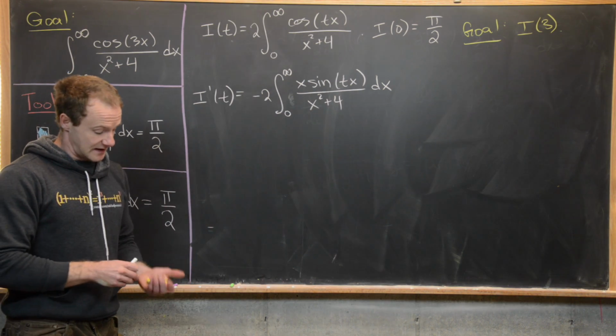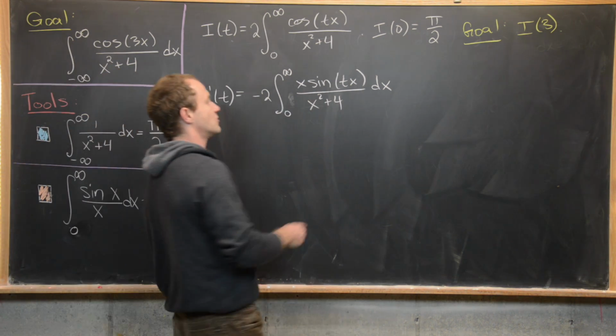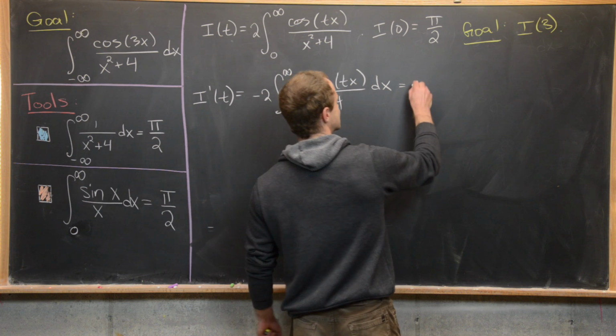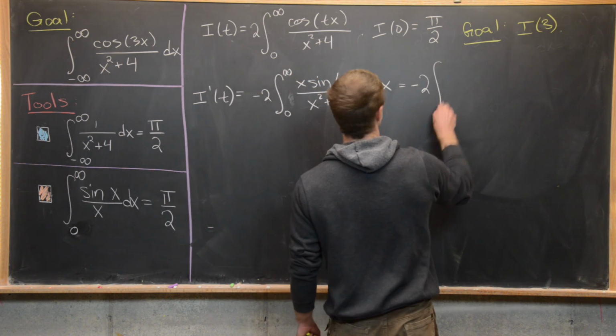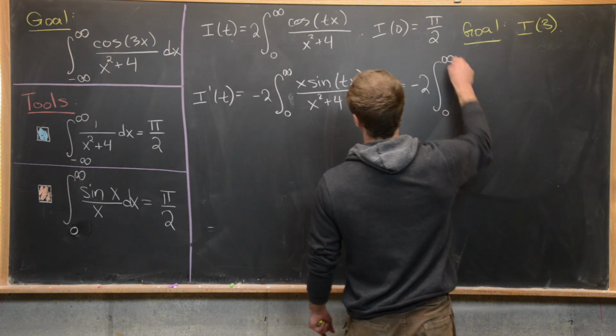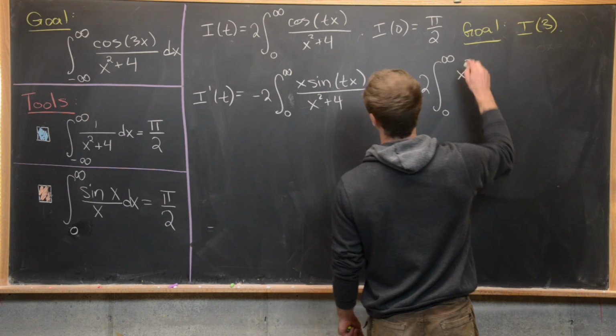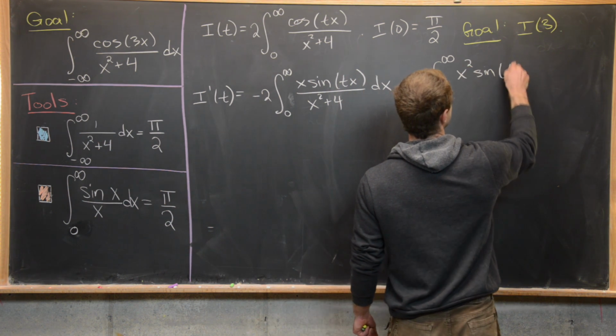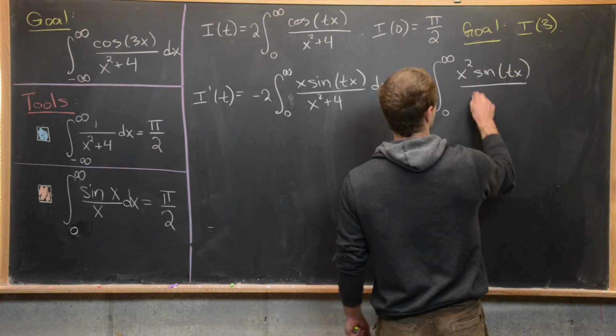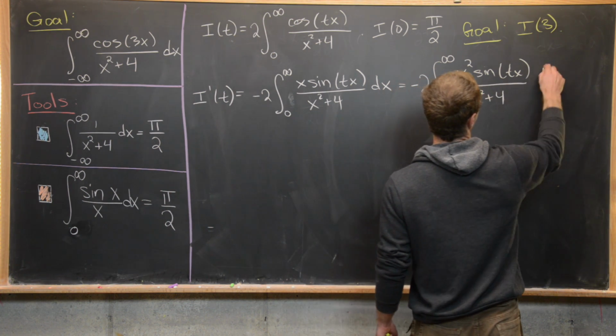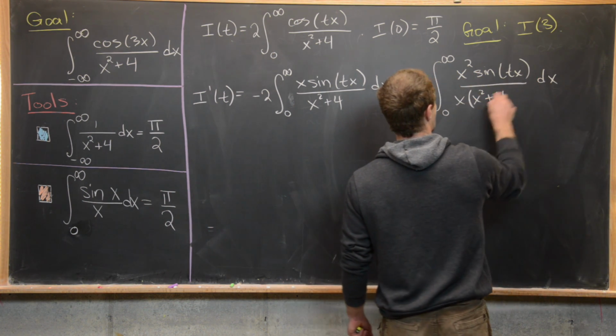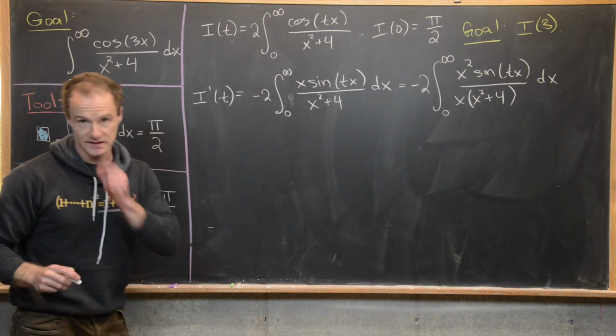Okay, great. Now what we want to do is multiply the numerator and the denominator by x. So that's going to give us minus 2 times the integral from 0 to infinity of x squared times sine of tx over x times x squared plus 4 dx. And now we have an extra x in the denominator like this.